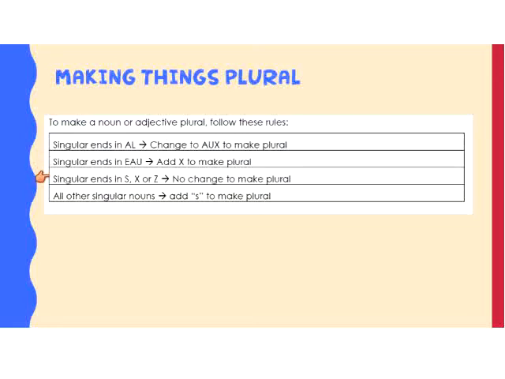If the noun or adjective already ends in S, X or Z, you don't need to make any changes to make it plural. A great example of this with an adjective is the word heureux, which means happy. To make that masculine plural, you don't make any changes. It's still heureux. So that would be les garçons heureux, the happy boys, le garçon heureux, the happy boy, singular.